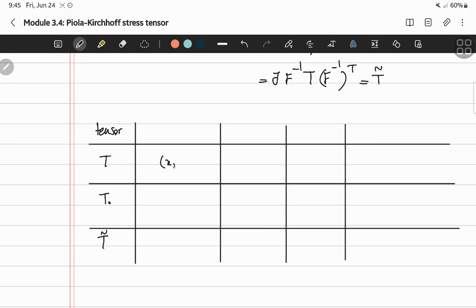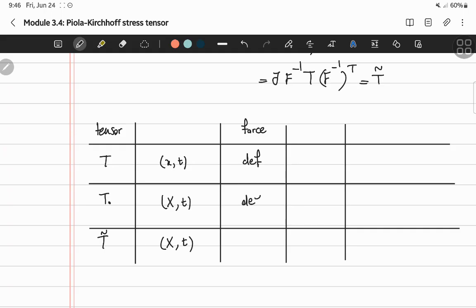So here everything was in deformed configuration. Here, dA was basically the geometry was in the reference configuration. And for the second, this was also in the reference configuration. So about the force, we had this in the deformed configuration.